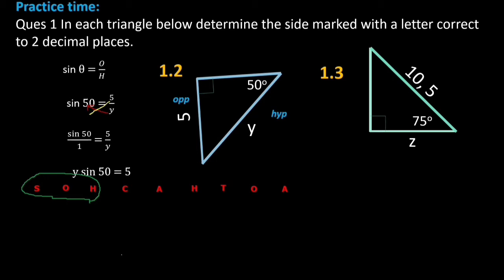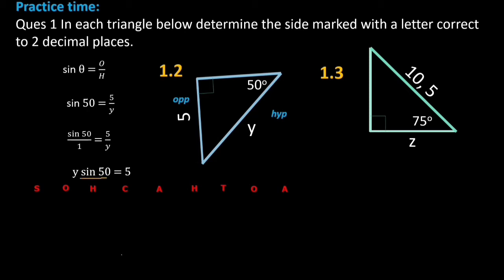Cross multiplying, we get y times sine of 50 equals 5. So what we need to do here is divide both sides by the sine of 50, because we want to isolate the variable y on the left hand side.